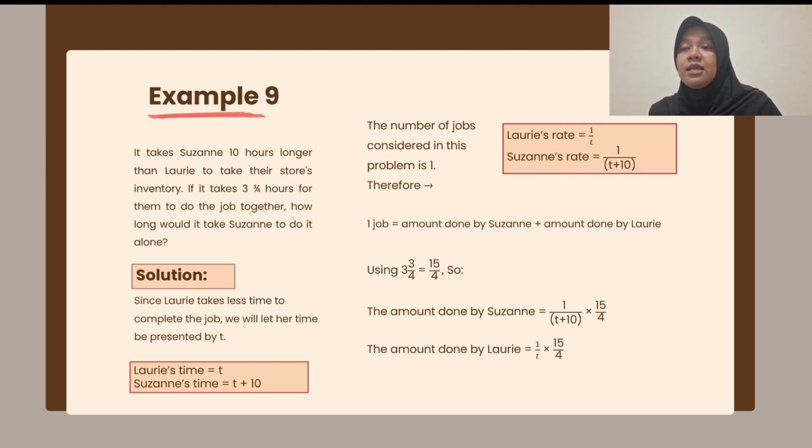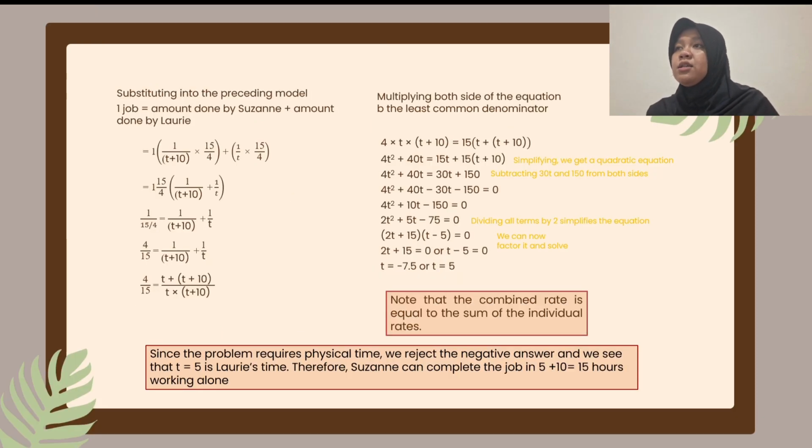Okay, next, using 3 and 3/4 is 15/4, the amount done by Susan is 1/(t plus 10) times 15/4, and the amount done by Laurie is 1/t times 15/4. Next, we substitute into the preceding model: one job is the amount done by Susan plus the amount done by Laurie, and this is the model.